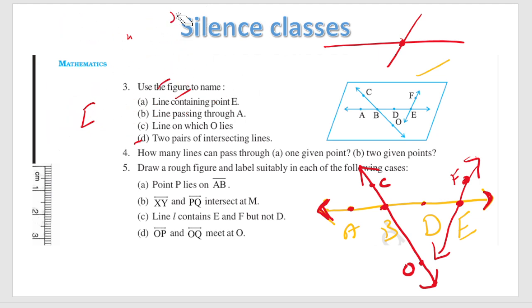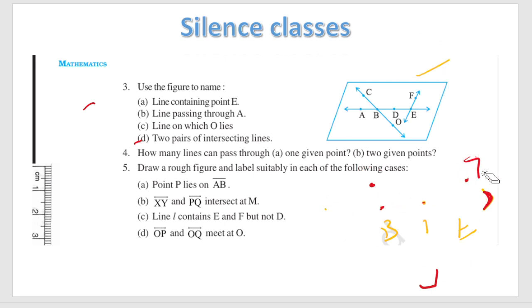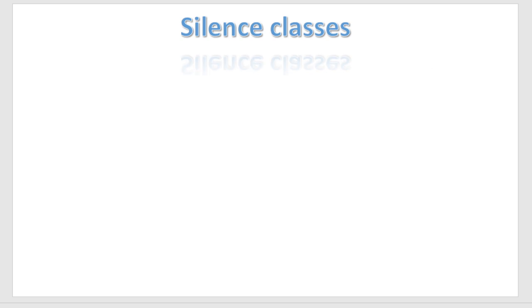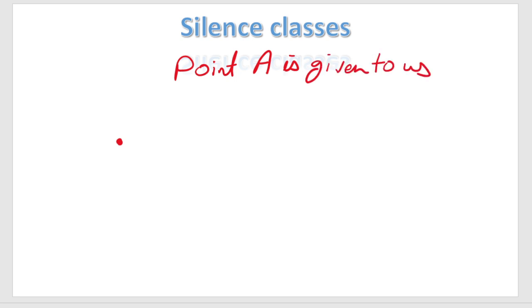Now let's talk about question number 4. What is question number 4 saying? Question number 4 is saying, how many lines can pass through a given point. Let's say a point A is given to us, and they are asking how many lines you can draw.